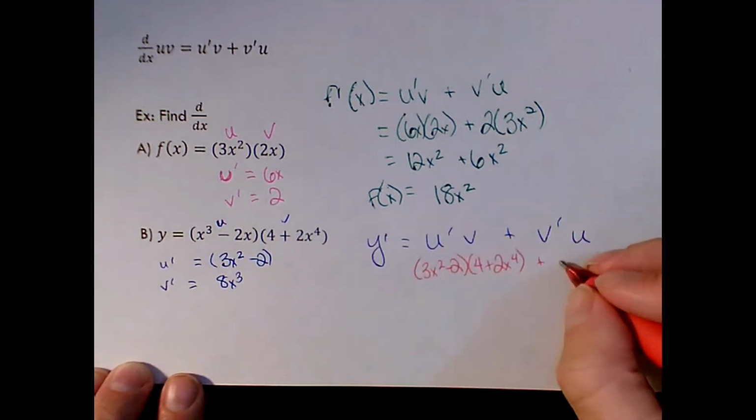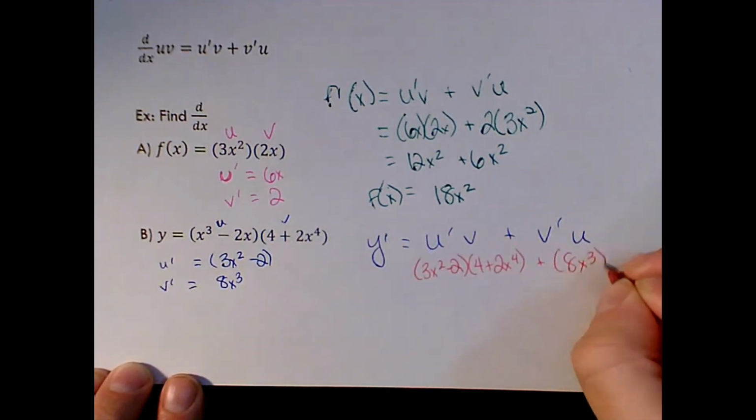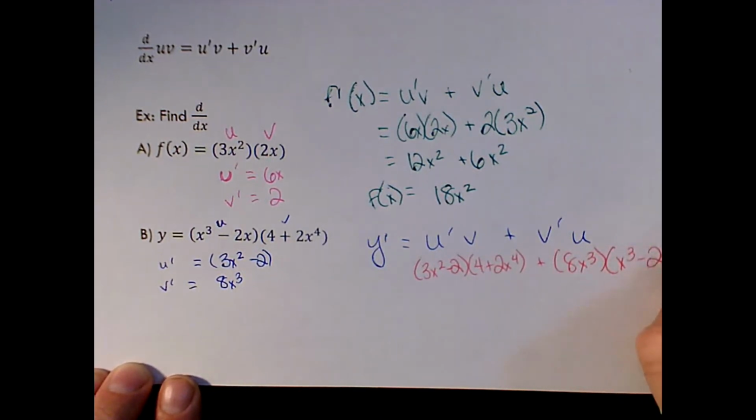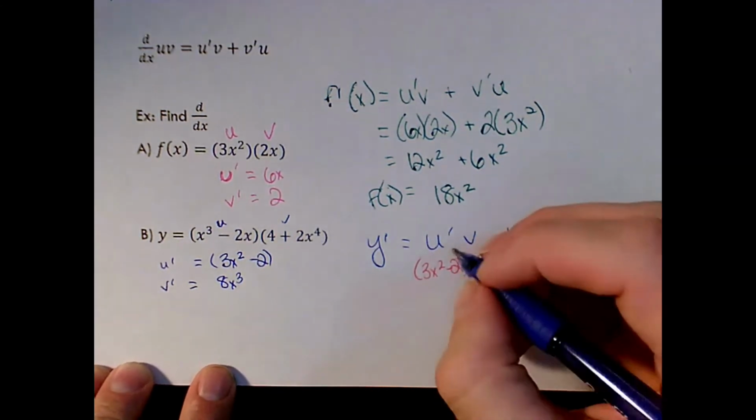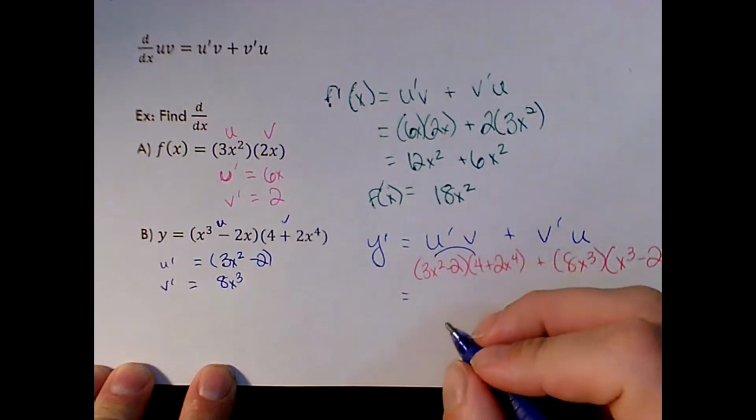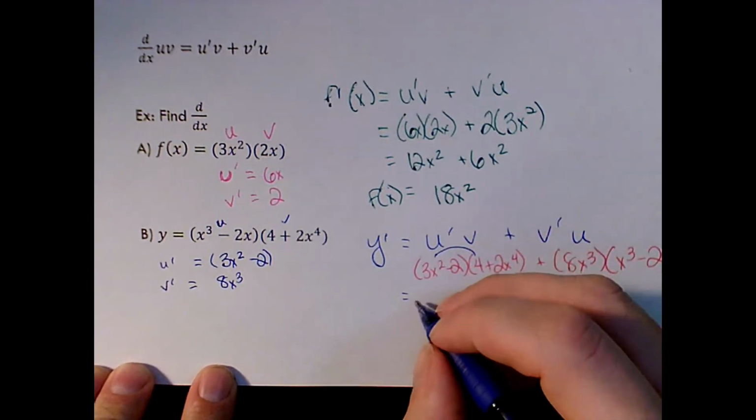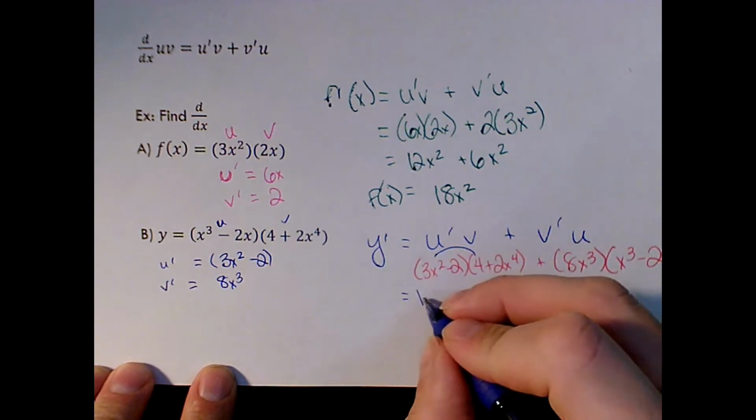Plus v prime is 8x cubed. And u was x cubed minus 2x. Got ourselves good old FOIL. So I guess I do have to FOIL. Curses, FOIL again. Foiling it again.